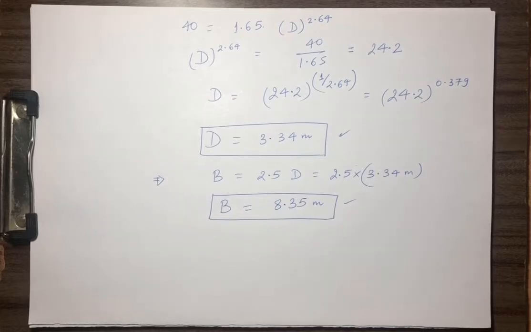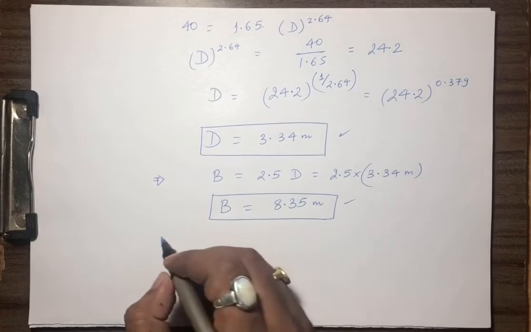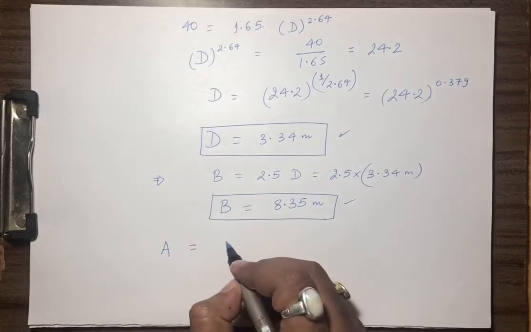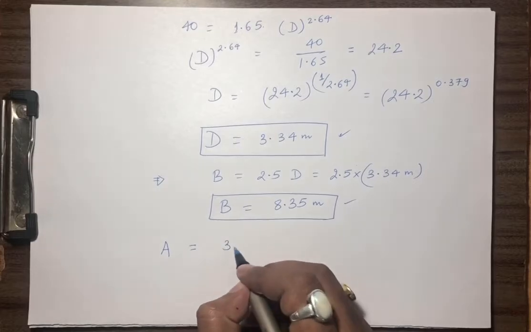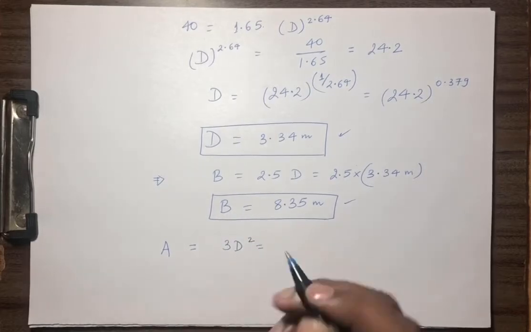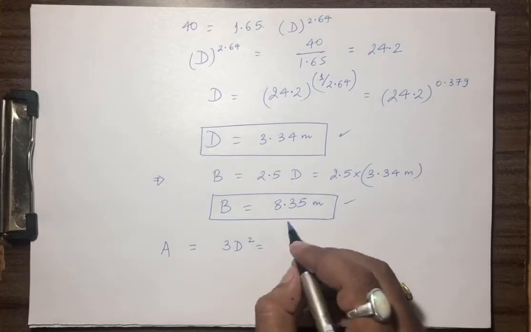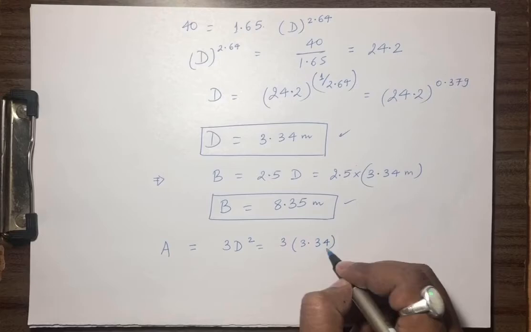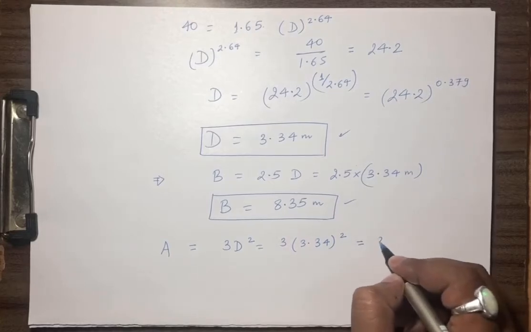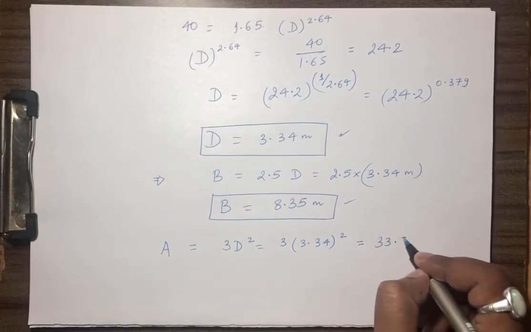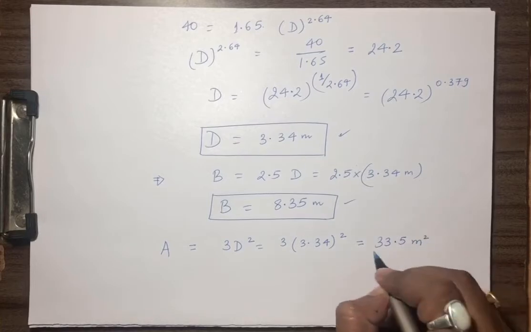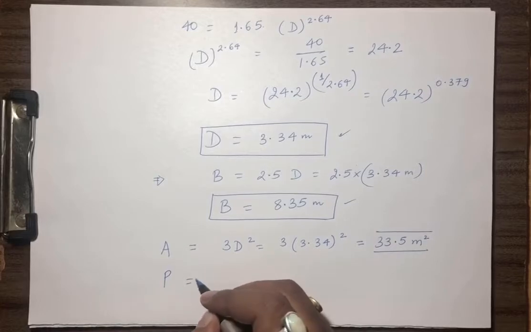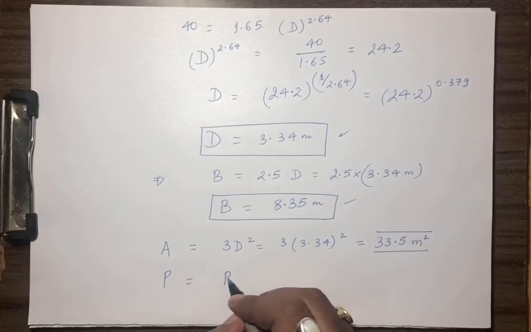So for calculation of bed slope, first let us determine the area. So area is 3D squared. So 3 into 3.34 squared, which is coming out to be 33.5 meter squared. Perimeter, what is the perimeter?